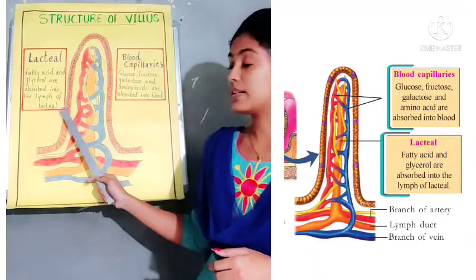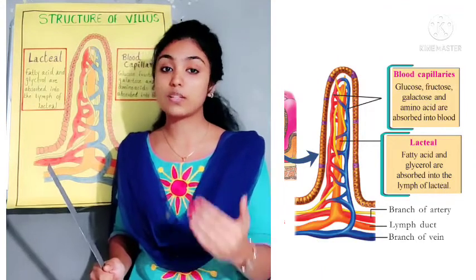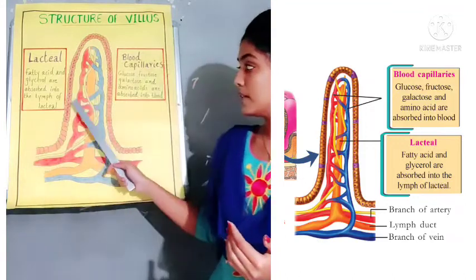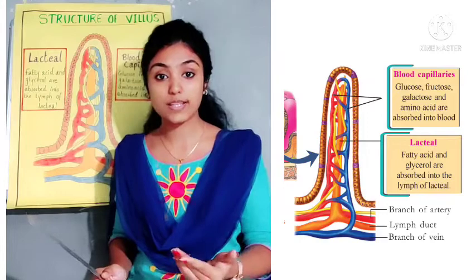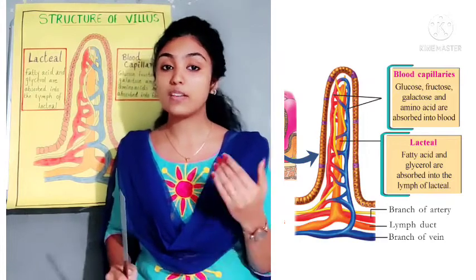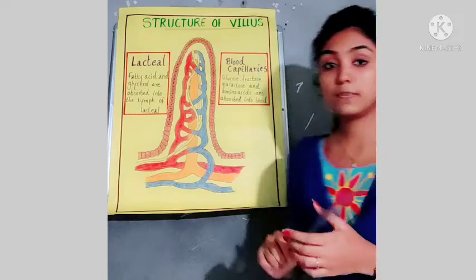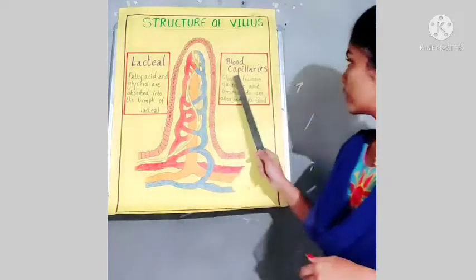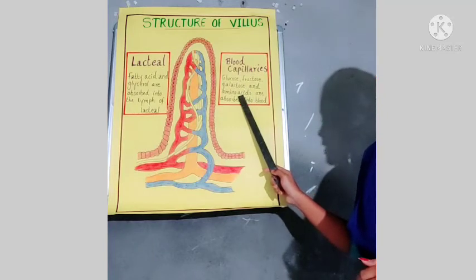If there is a multi-layer of cells, the process of absorption will be less, or it will be difficult. So if there is only a single layer, the absorption of nutrients will be easier and fast. So the blood capillaries help in absorbing glucose, fructose, galactose and amino acids.